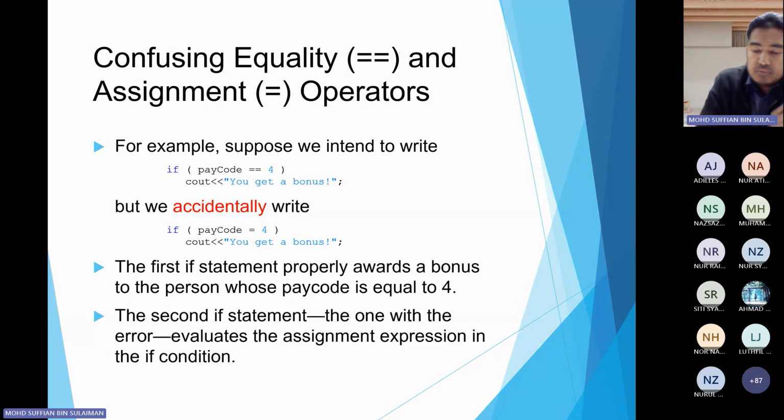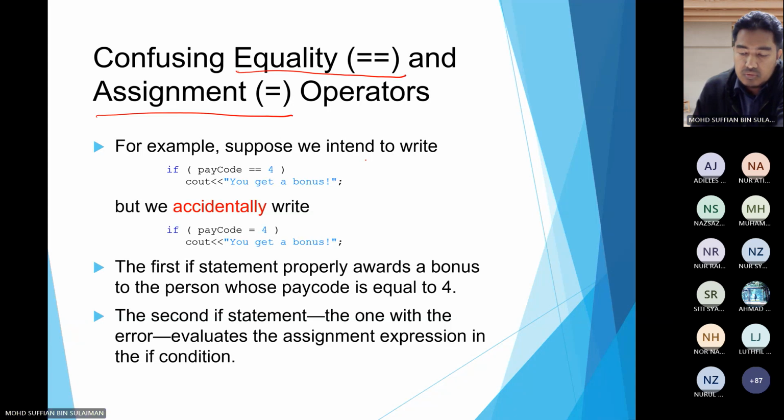Okay, so don't be confused between the equality and assignment operator. This one is equality and this one is the assignment operator. For example, let's say you're supposed to write like this: if pay code, so this one is the conditional operator. We compare the variable pay code and the value of 4.